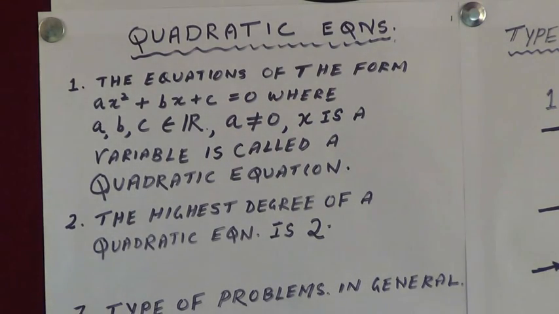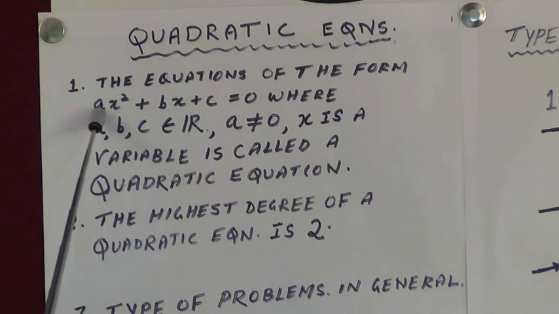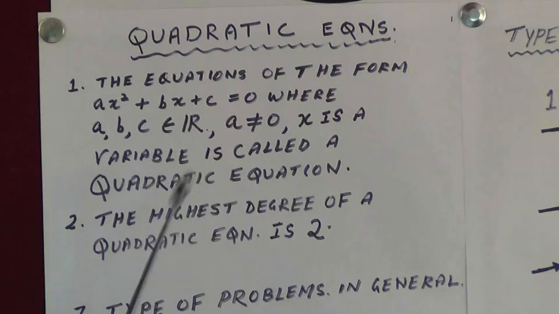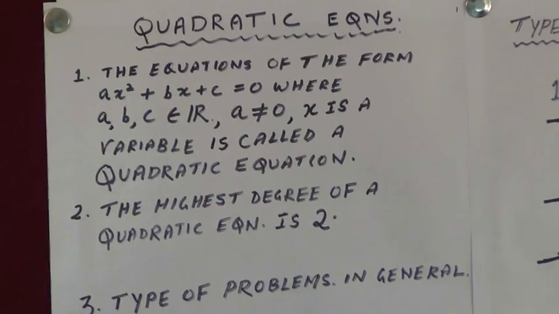I repeat, an equation of the form ax square plus bx plus c equal to 0 such that a, b, c all three are real numbers, a is not equal to 0 and x is a variable, then we say such an equation is a quadratic equation.